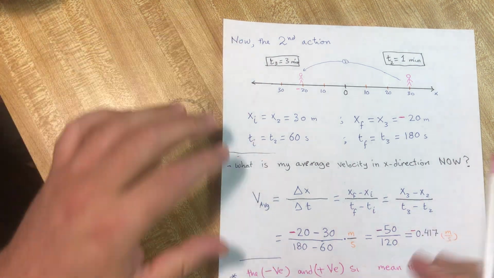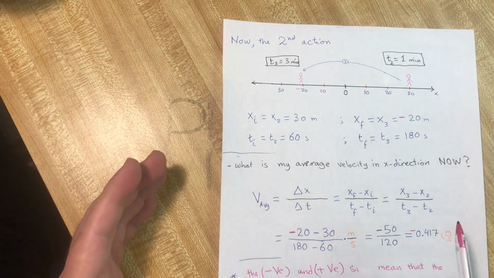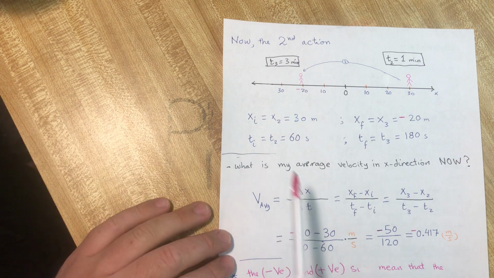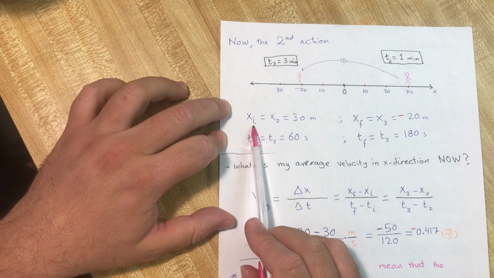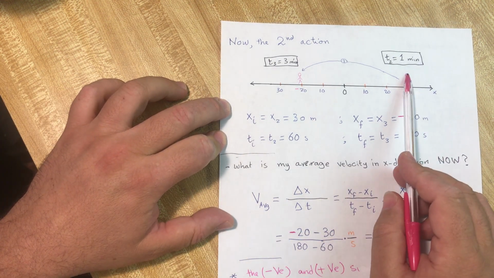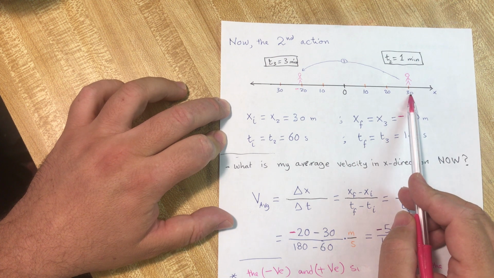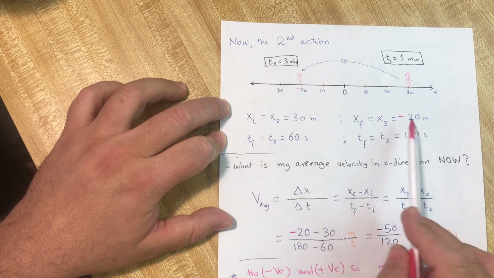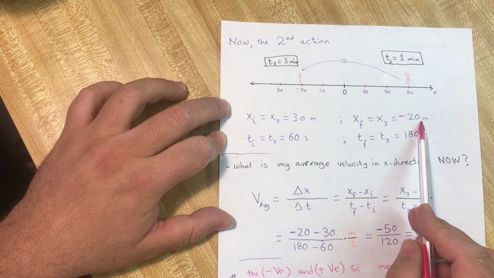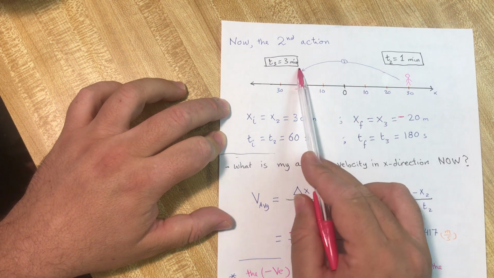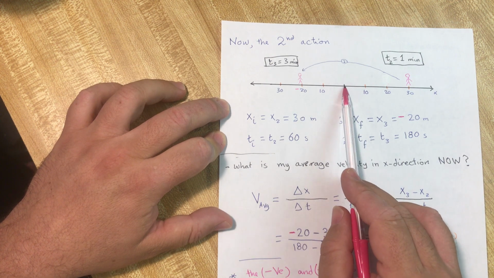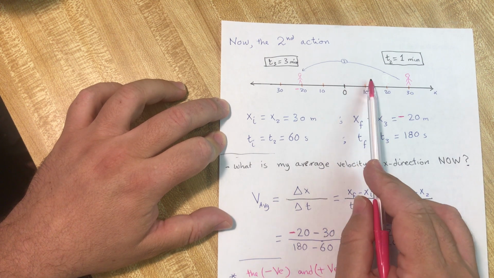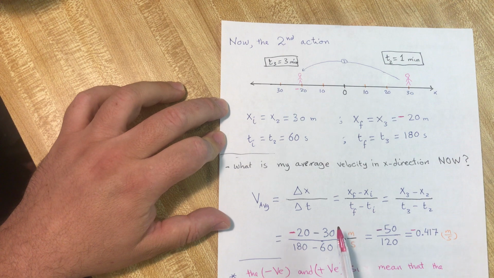Now in this stage, I have a new x initial and x final. X initial in this stage is x2, which is 30. X final is x3, which is minus 20 meters, because I go backward and I pass from my original place and go to the negative direction.